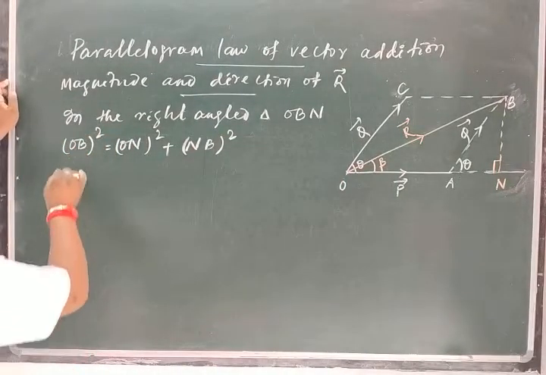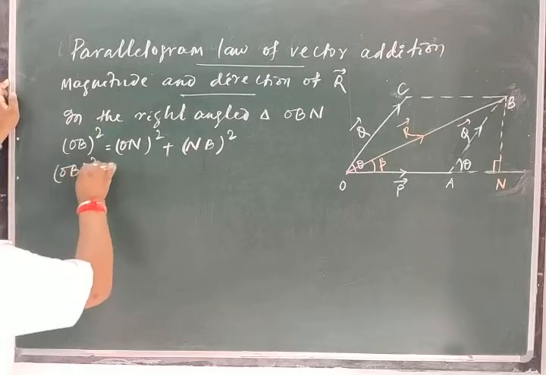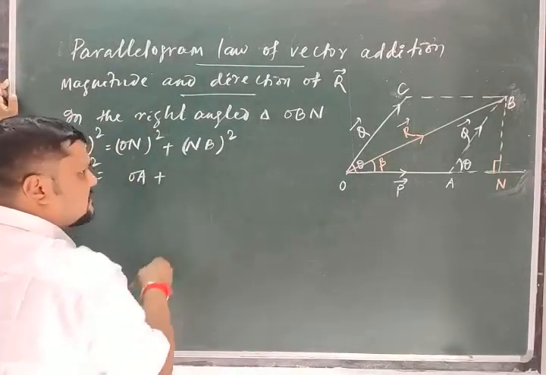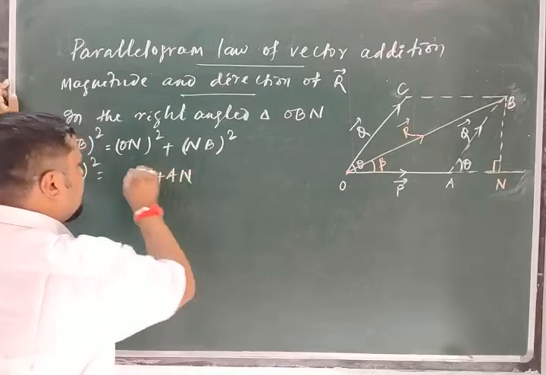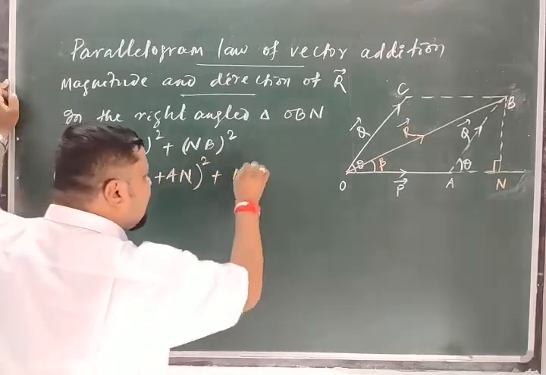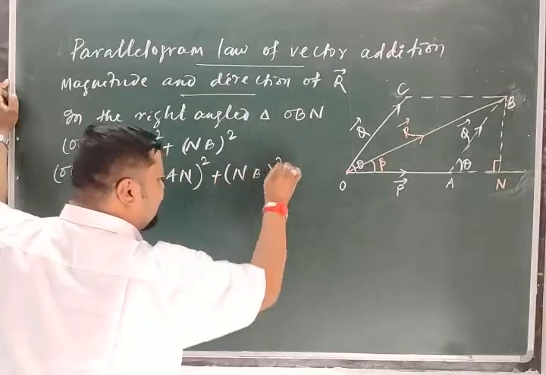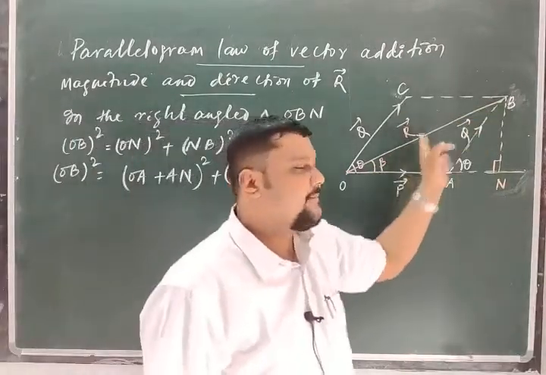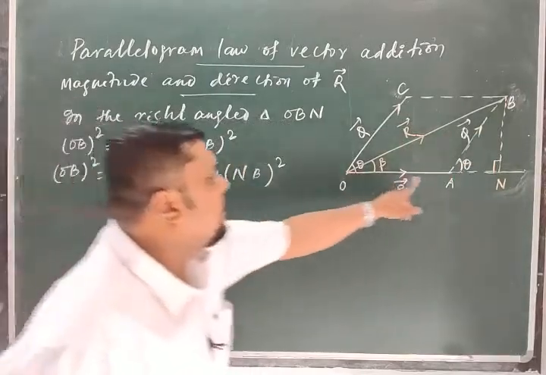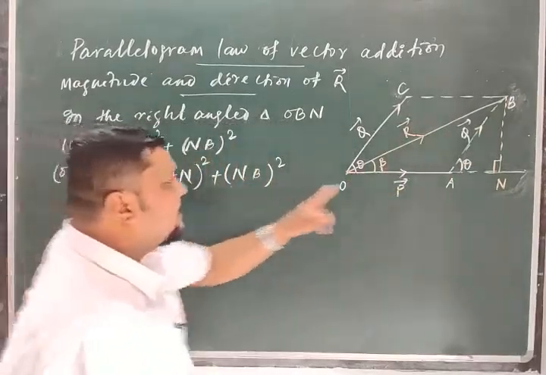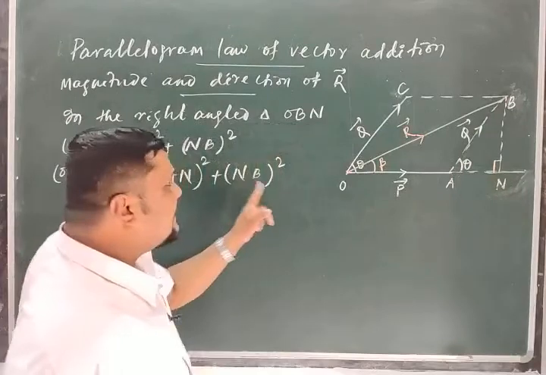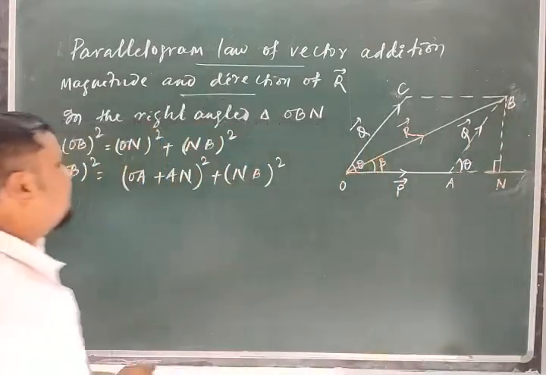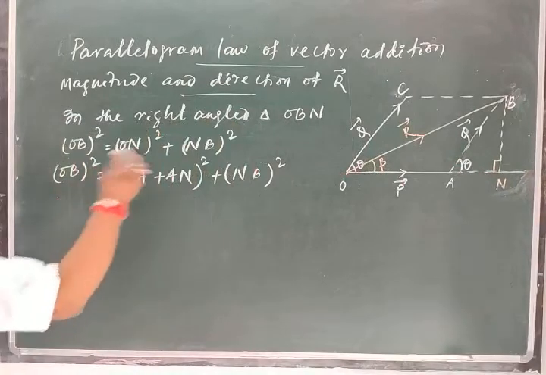Now, OB square, with ON written as OA plus AN, is equal to OA plus AN whole square plus NB square. Now again you see here. What is this OB? This is your R. What is this OA? OA is P. What is AN? You don't know about AN. What is NB? You don't know about this NB. Now we find this NB and AN by the same procedure.